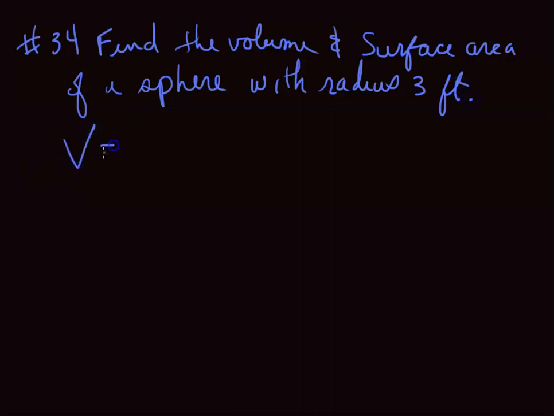So the volume is 4/3 pi r cubed. The surface area, sometimes they call it S, I'll call it S, which is just 4 pi r squared, because this is area, now it's square units.